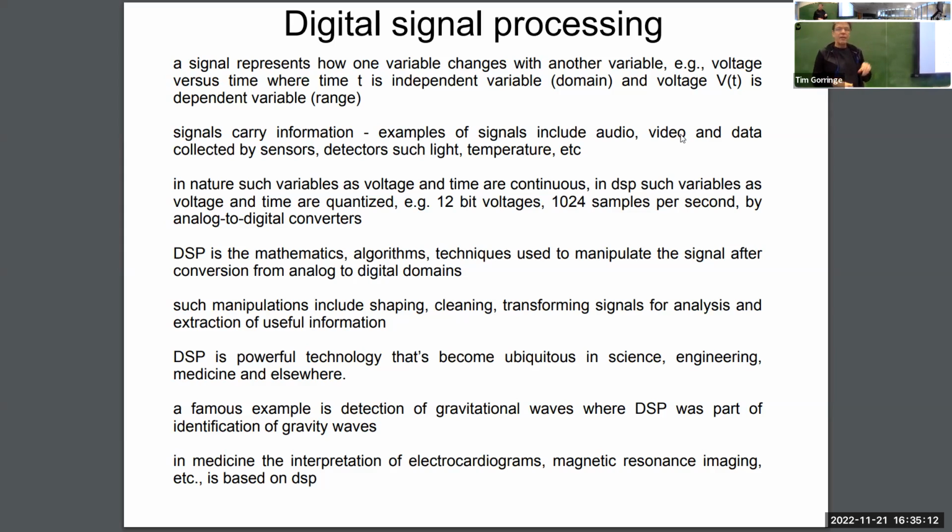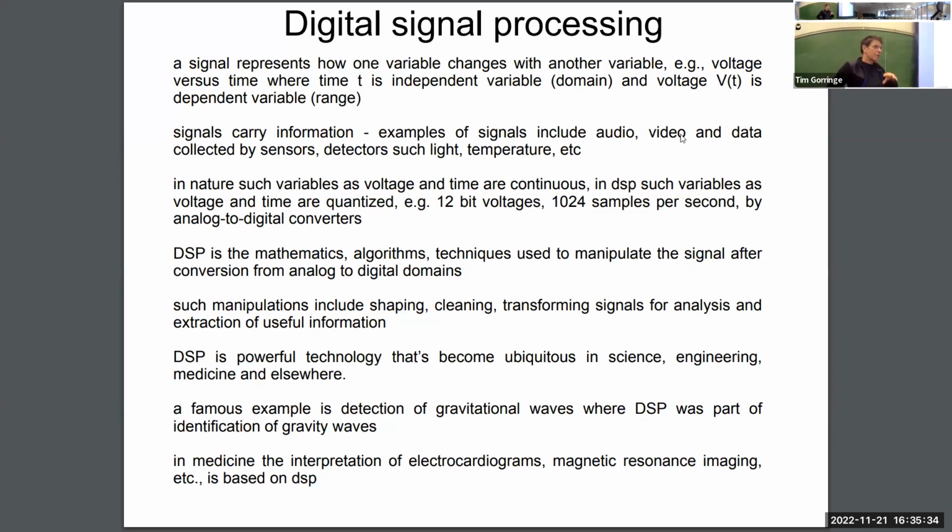In that case, we would think of the time variable as the independent variable, kind of the domain, and the voltage variable as the dependent variable, kind of the range. And so that's an example of a signal.